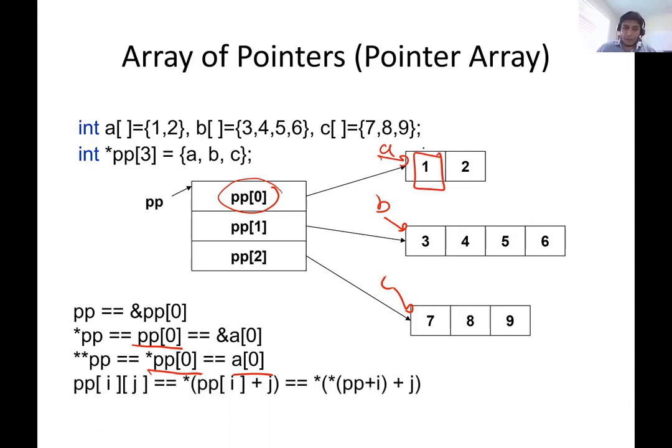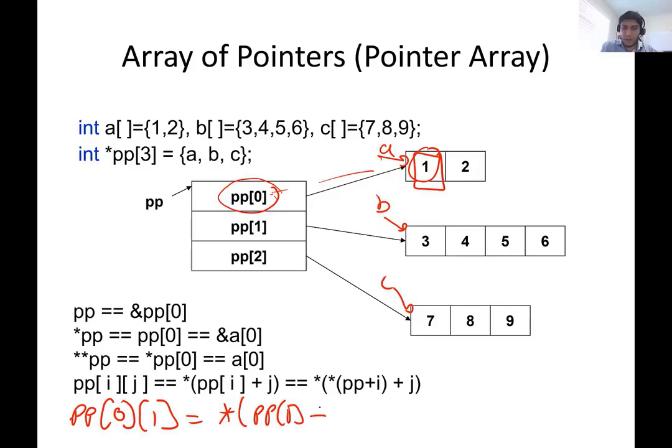A similar thing, if I want to access BB[i][j], let's see if there is an example. So if I'm going to say BB[0][1], what is this giving us? BB[0] is this one. 1 is the first element, which is equivalent to saying I'm doing BB[0], which is giving me the pointer, and then doing pointer arithmetic and then dereferencing, which is also giving you 1.